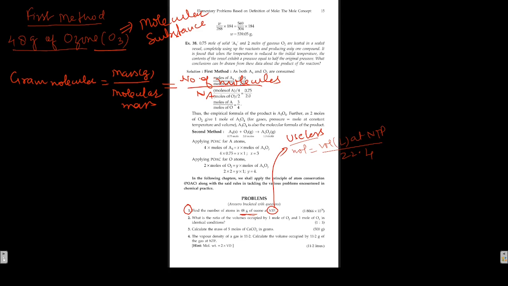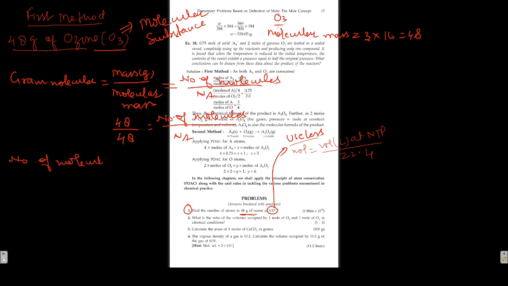So we can say mass, it is given 48, upon molecular mass. It is also 48. Here it is O3, and if we calculate the molecular mass of O3, then this will be 3 into 16 is equal to 48. This is equal to number of molecules divided by Na. So we can say here the number of molecules is equal to Na.